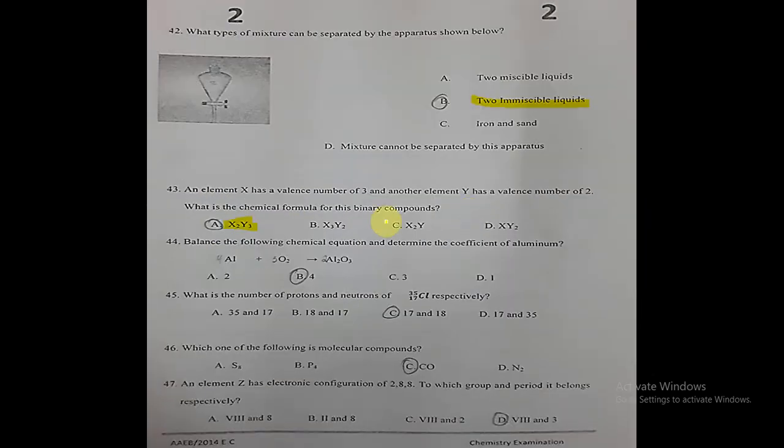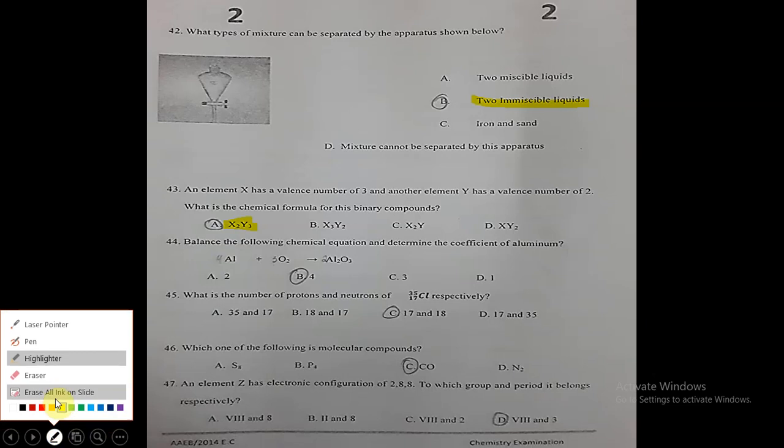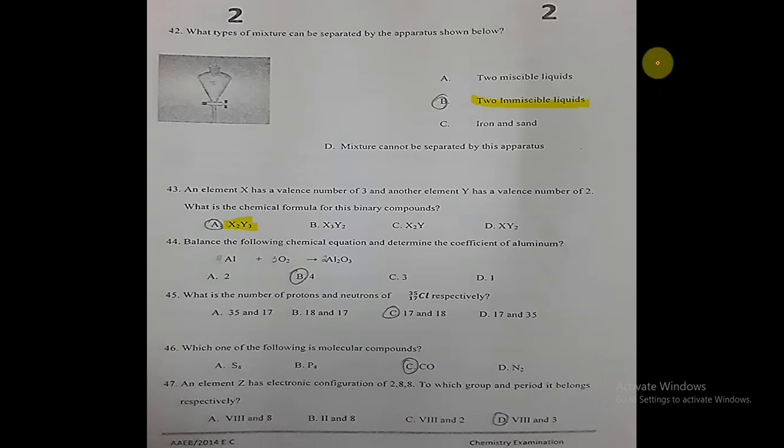Okay, now here in question number 44, balance the following chemical equation and determine the coefficient of aluminium. Here what we have is Al plus O2 gives Al2O3.